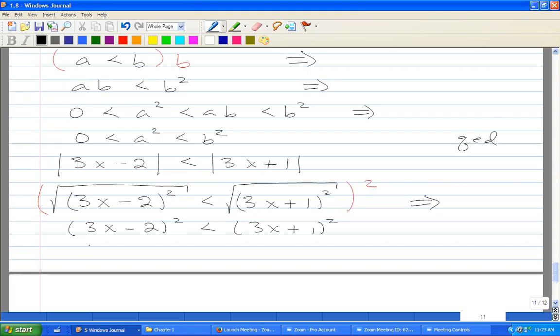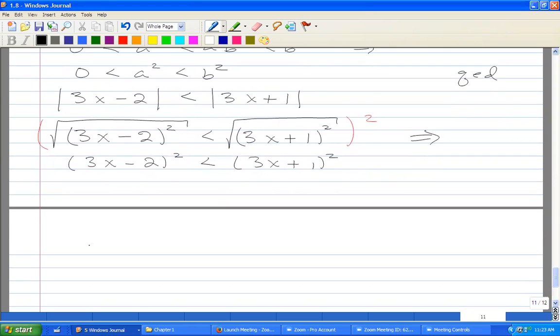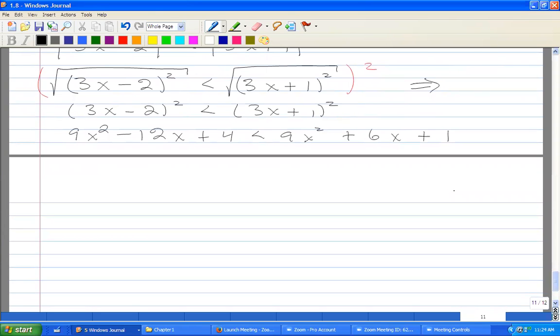So by the special product formula, I have that 9x squared minus 12x plus 4 is less than 9x squared plus 6x plus 1. Notice the 9x squares cancel. So that's good.